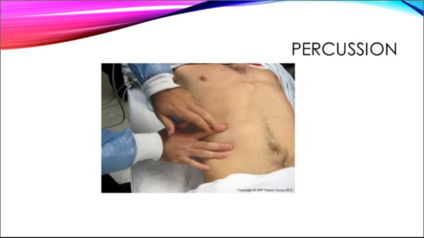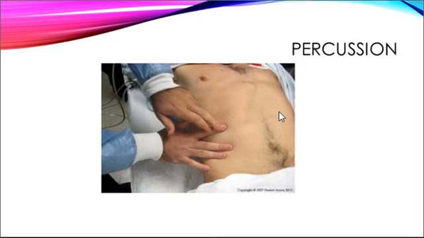Percussion, we did that on the back, and this we are going to do on the abdomen. So in here you should have some hollowness in air, so it should be tympanic, that sound. Over organs like your liver and your spleen, it should be a dull sound.